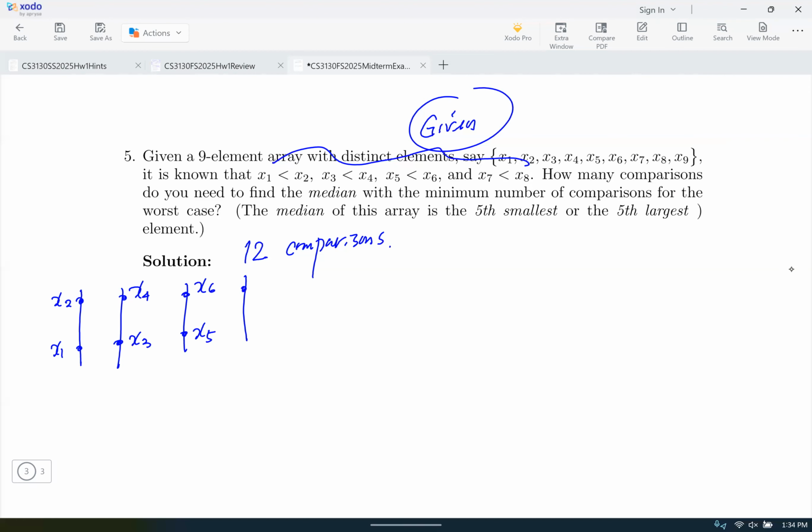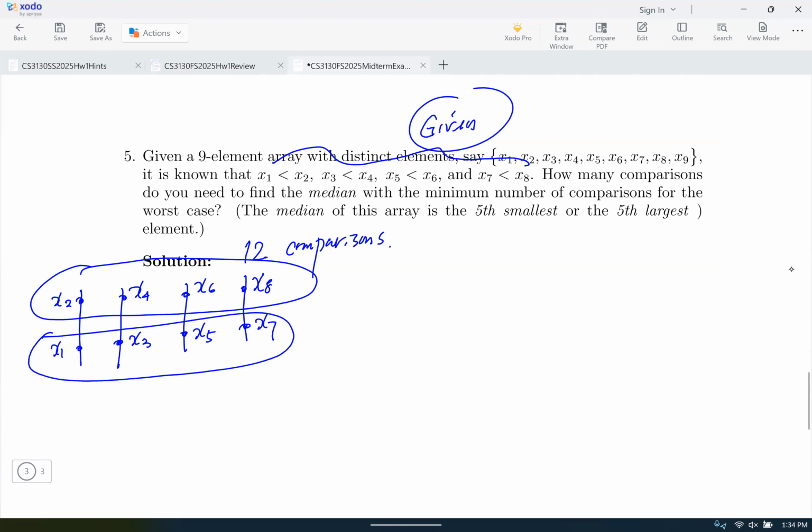So here, many students do it this way. They find the max here, then find a minimum. Actually very strange. Some students find a max here, but some students also did a minimum here in the losers group.